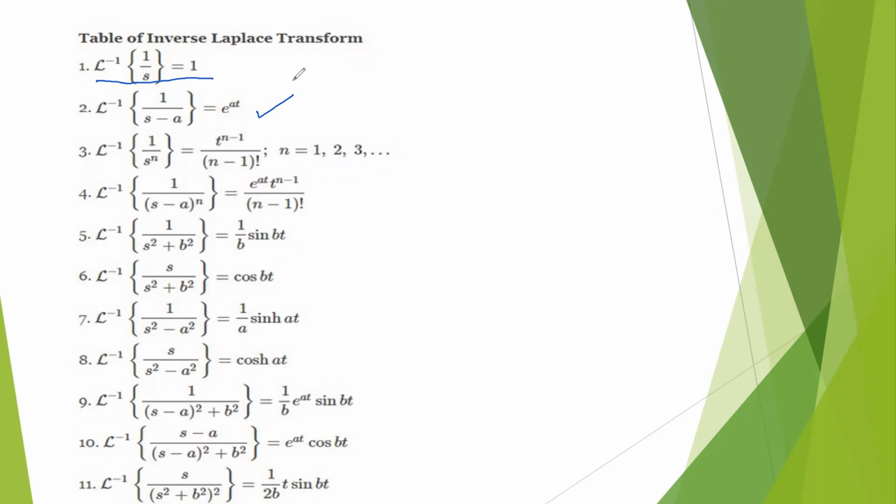That f bar of s becomes the given function here, and the f of t will be the resultant function in this inverse Laplace. Previously, the Laplace transformation of e power at is 1 by s minus a. Now the same thing in reverse: the inverse Laplace transformation of 1 by s minus a is e power at.